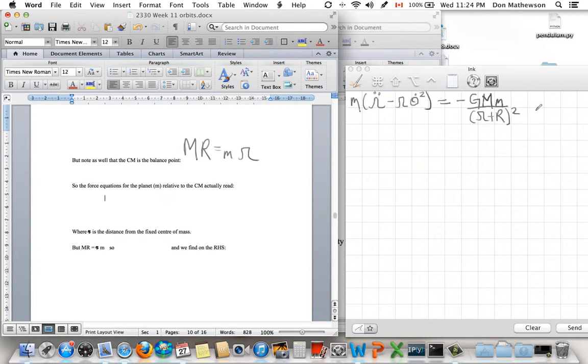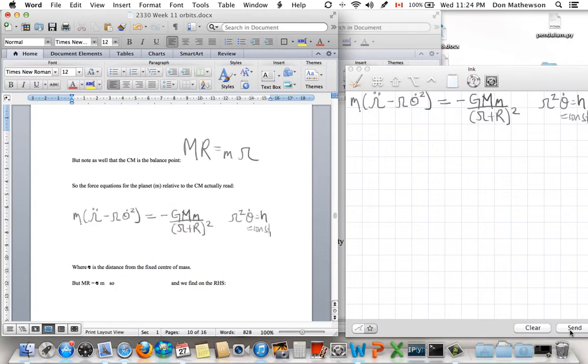Now, as well, the angular equation will tell us that r squared theta dot is h, a constant. So those are the force equations relative to the distance script r from the center of mass.